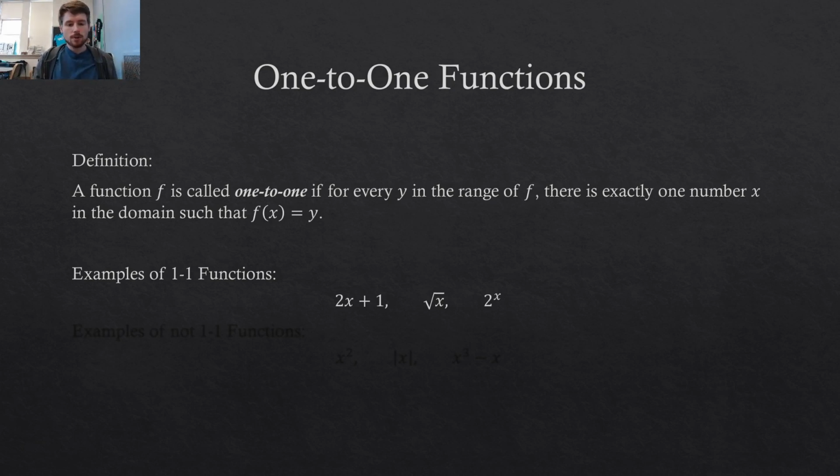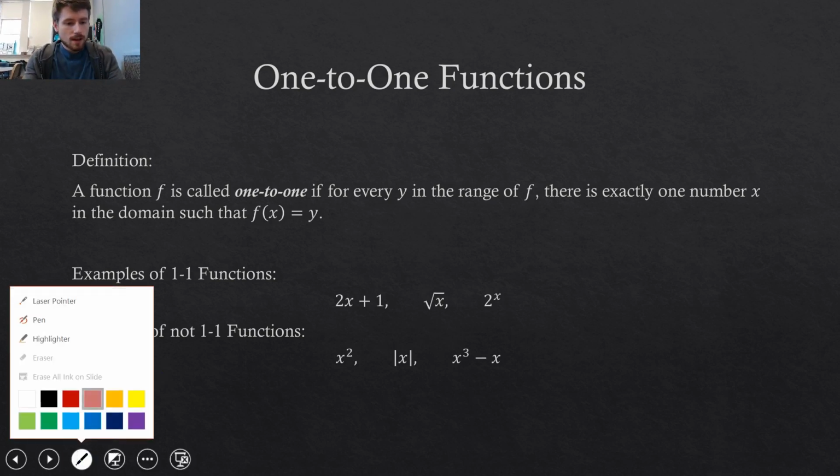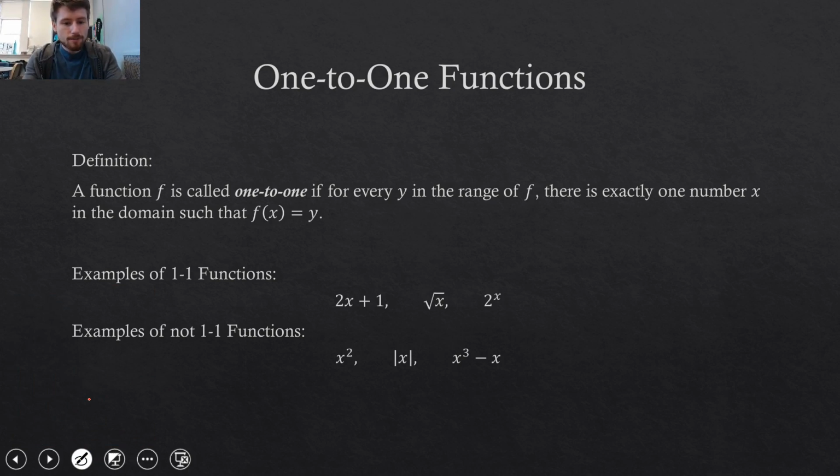Okay, so let's look at a couple of non-one-to-one functions, and we're going to find a y where there's two different x's that go to that same y. So for example, x squared. That's not a one-to-one function because let's look at the y 4. So if y is 4, then x squared equals 4 has two different answers, there's two different x's that are going to get you 4 as the answer, right?